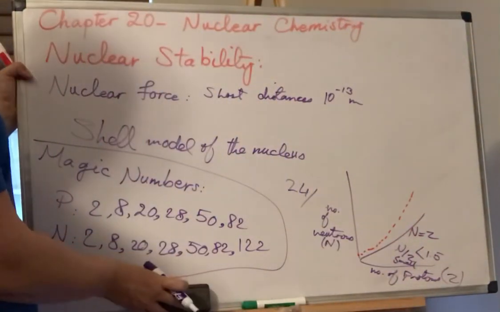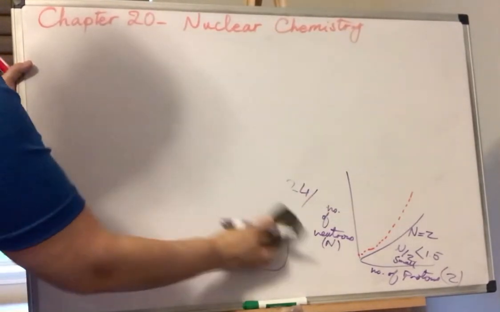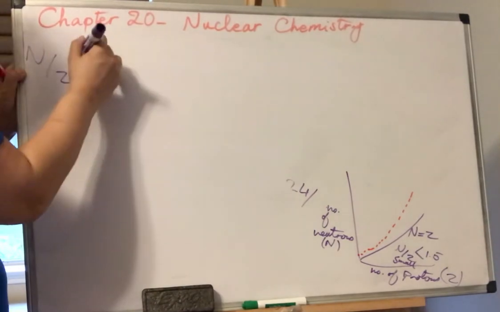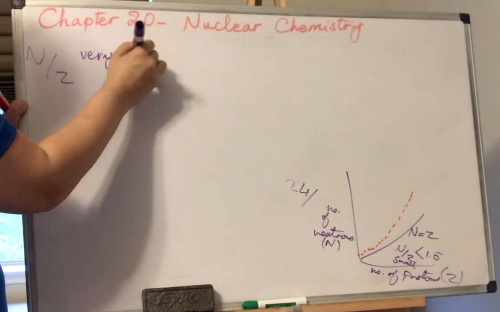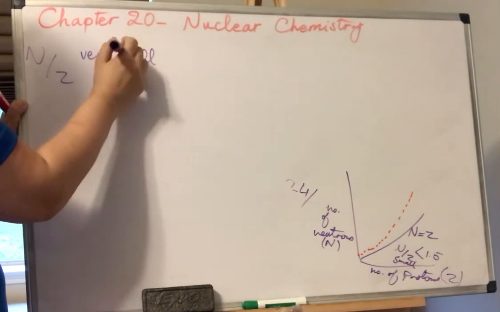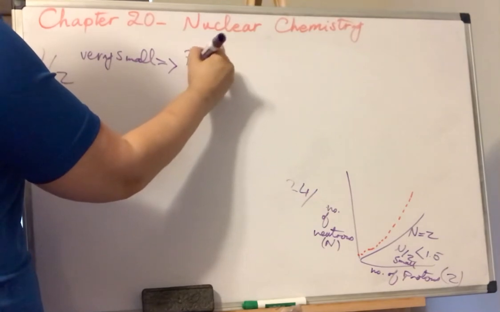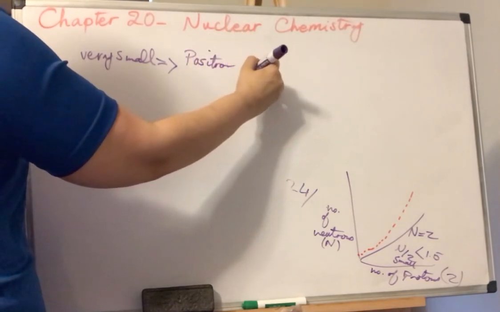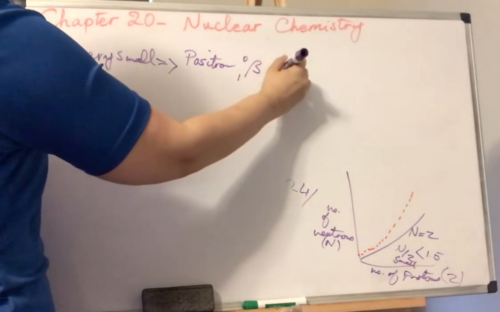So let me write it here. For N over Z very small, then we have positron emission. What was the sign for positron? Remember, it was like electron, but instead of -1, we had a +1. Positron emission.